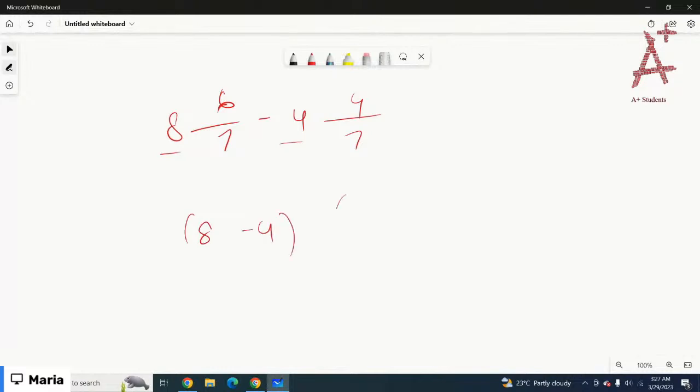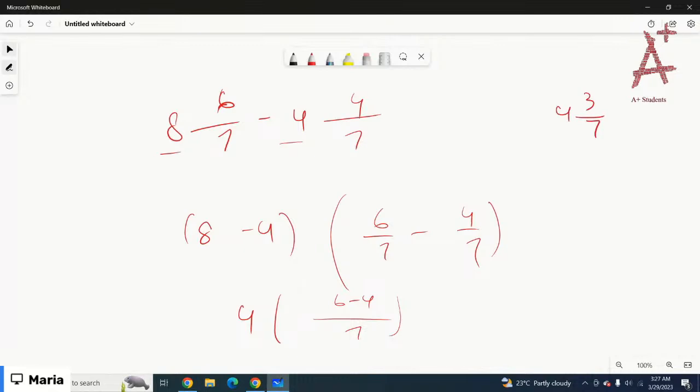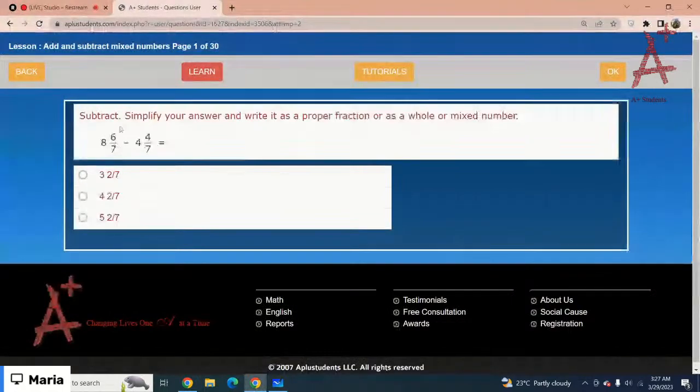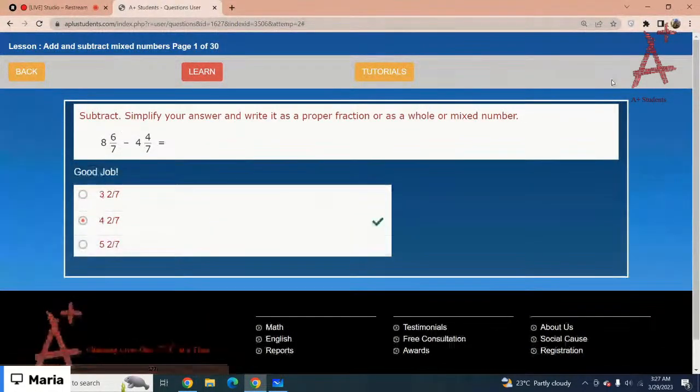It would be 8 minus 4, and the fractions 6 over 7 minus 4 over 7. 8 minus 4 is 4. For 6 minus 4, because they have the like denominator, you simply have to subtract their numerators. Sorry, 6 minus 4 is 2, so it would be 4 whole 2 over 7. Got it, everyone? So the correct option is 4 whole 2 over 7.